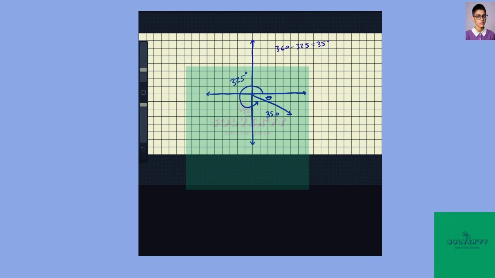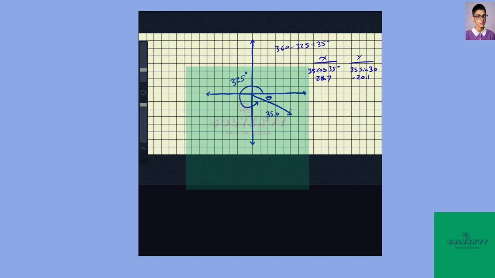And we could figure out that the x value is equal to 35 times the cosine of that 35 degrees, and the y value is going to be 35 times the sine of that 35 degrees. And when we plug in the math, we get an x value of 28.7 and minus 20.1 in whatever the units are.